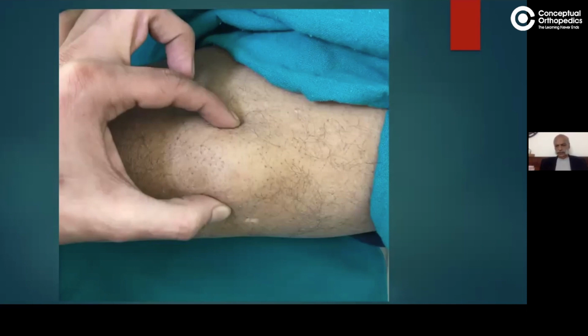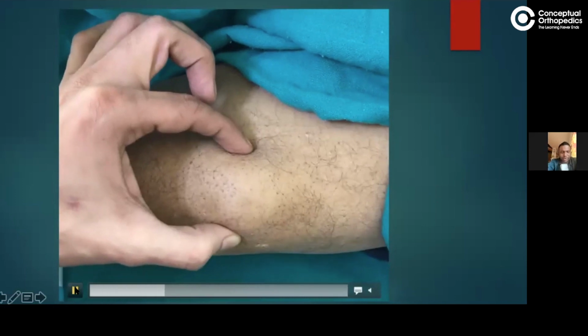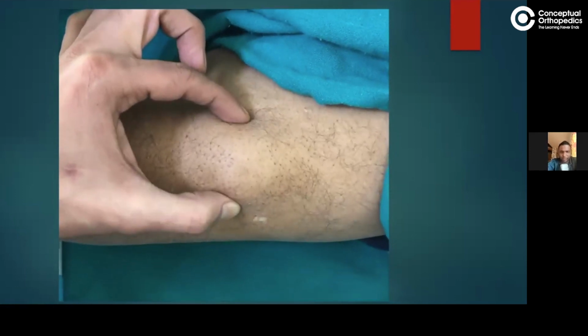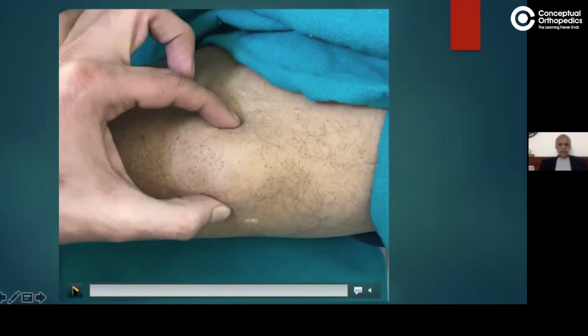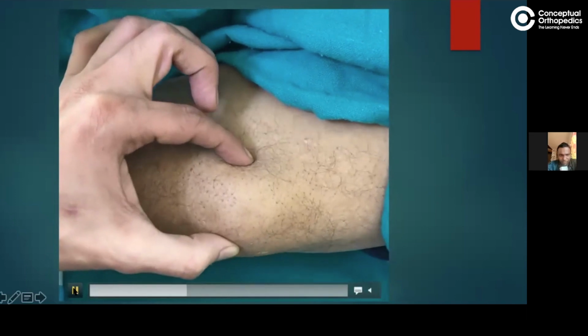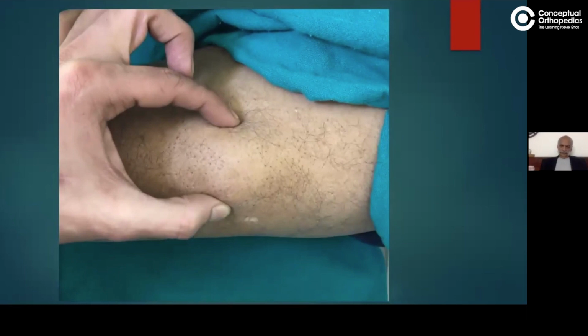So what is your impression? Sir, the swelling arises from the underlying muscle, sir. Because while moving the swelling, the whole muscle bulk of thigh is moving, sir. Muscle bulk is moving, or is it the swelling? You see, I am gripping the swelling. The person is gripping the swelling. How do you know that the muscle is moving? You cannot infer that the muscle is moving. We'll come to that also.